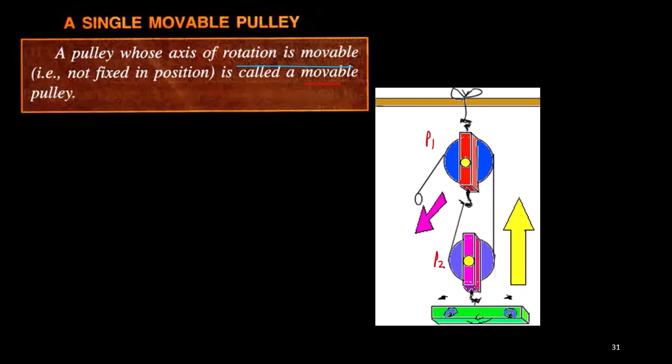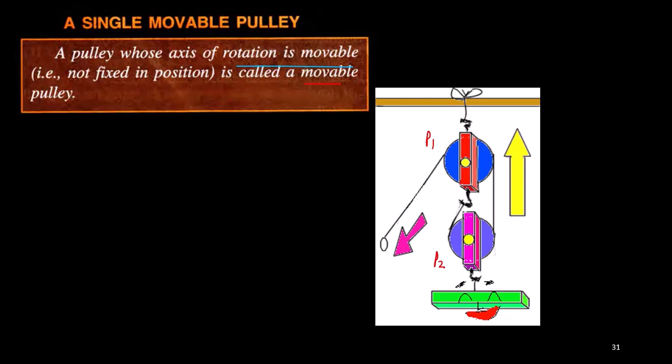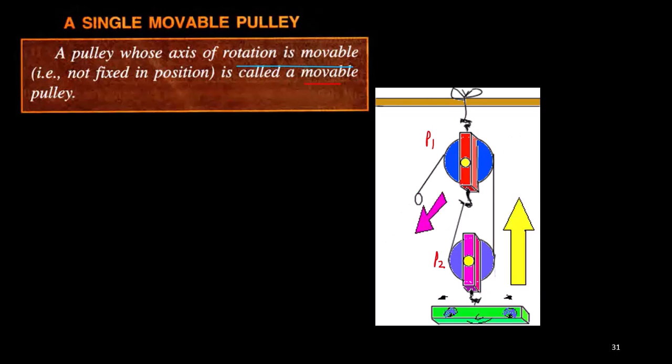In a movable pulley, depending on the distance traveled, the effort or load will be different. Let's say this is the load part, and you are applying effort at this position. If this is a string, the tension will be T on each side, so for this string the tension will be 2T.